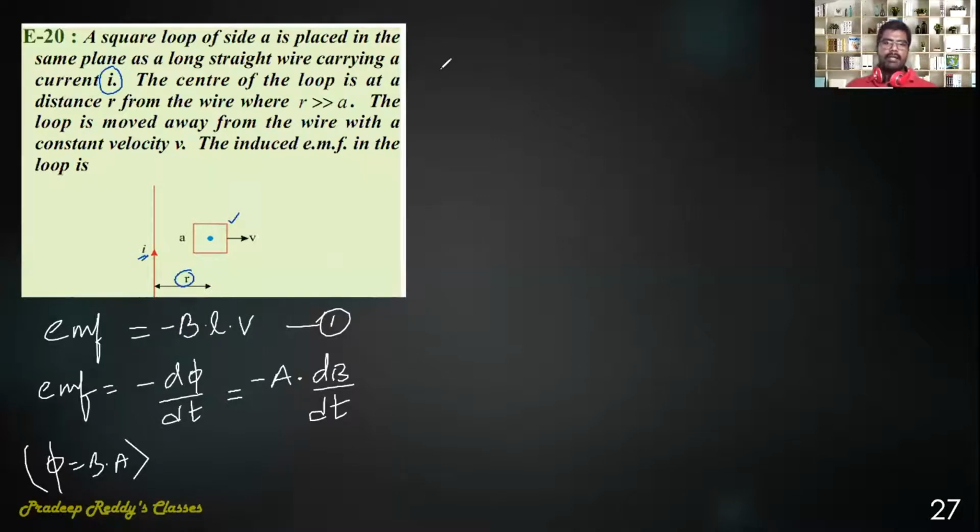Now how to calculate magnetic field? B is equal to mu naught I divided by 2 pi small r. Initially the magnetic field B is mu naught I divided by 2 pi r, that we have already derived. Now A is area of cross section. This is a square loop.